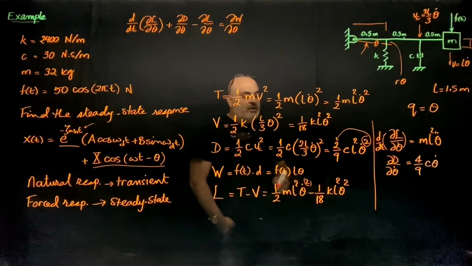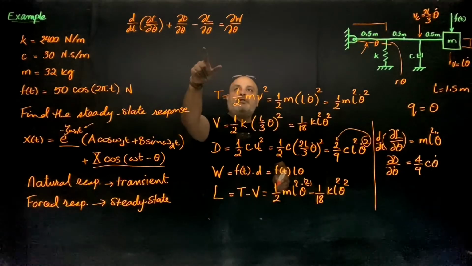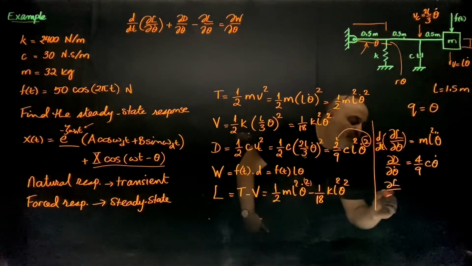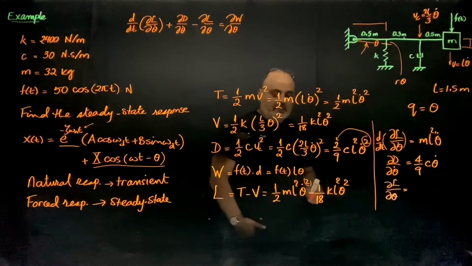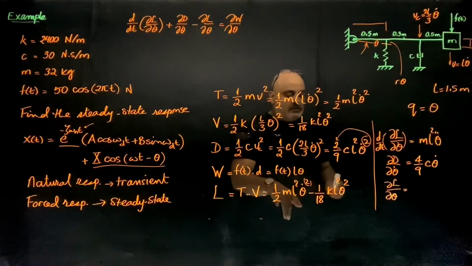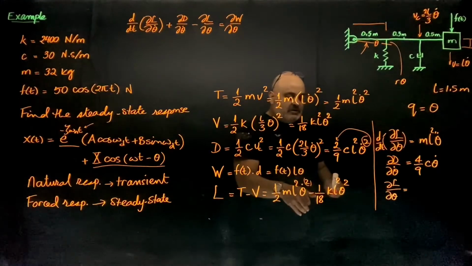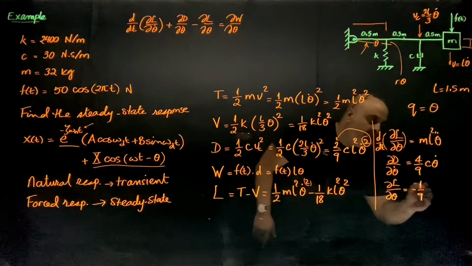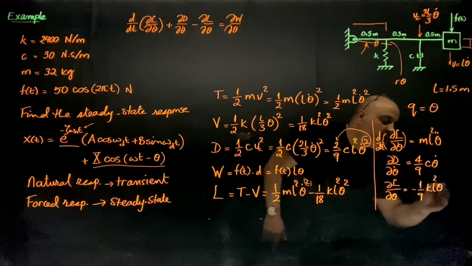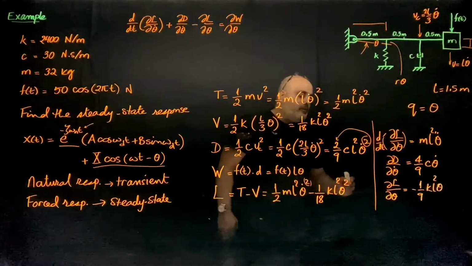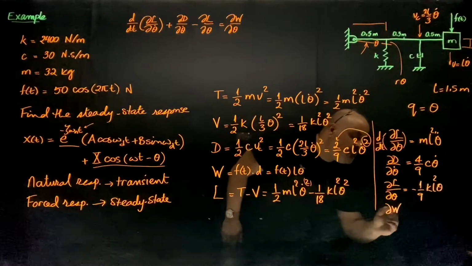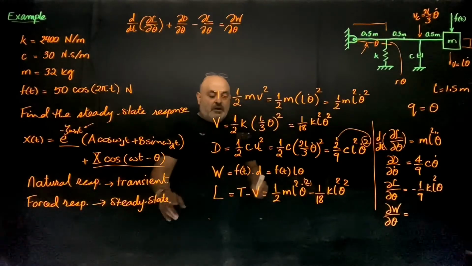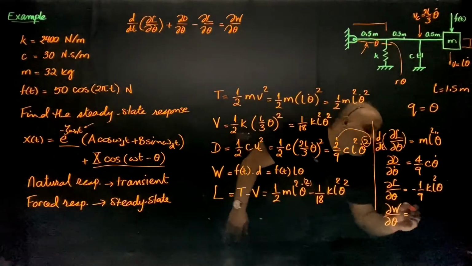And the derivative of the Lagrangian with respect to theta: here's the Lagrangian, this term is constant with respect to theta, so I'll end up with just negative 1/9 k L squared theta. The partial derivative of the work with respect to theta is simply f of t times L.